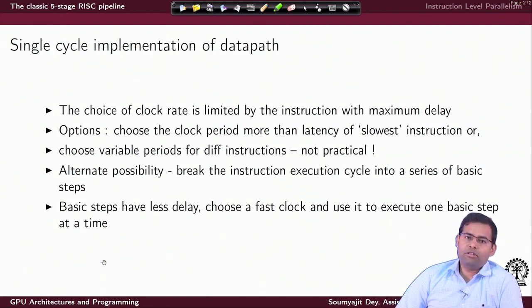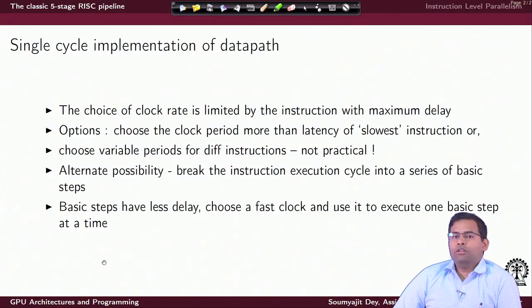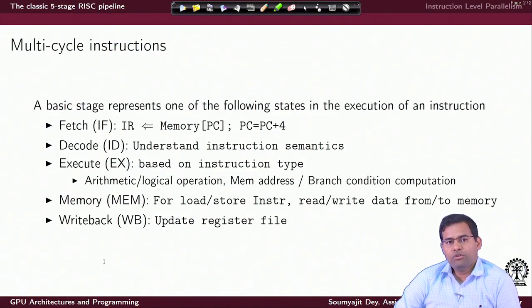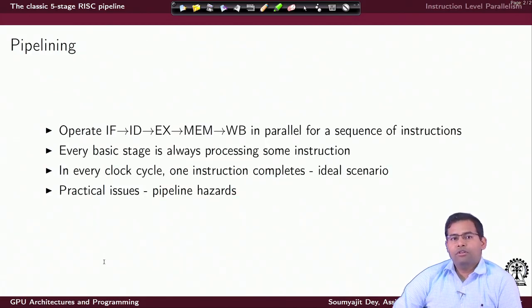In that case, the choice of clock would be based on the slowest instruction, and the lighter instructions would suffer the same latency as the slowest instructions. In order to alleviate that issue, we broke the execution of instructions into basic stages. Since each of the basic stages is very simple, we are able to clock the pipeline with a very fast clock.